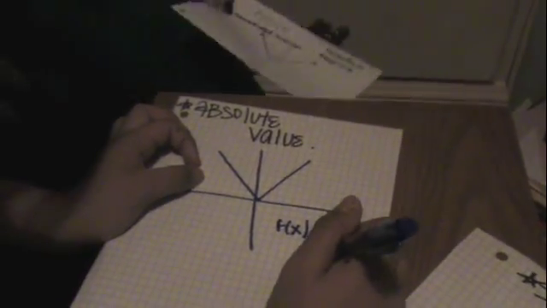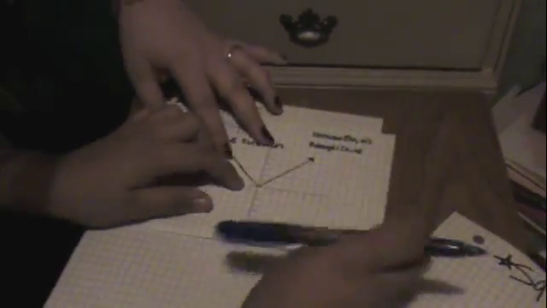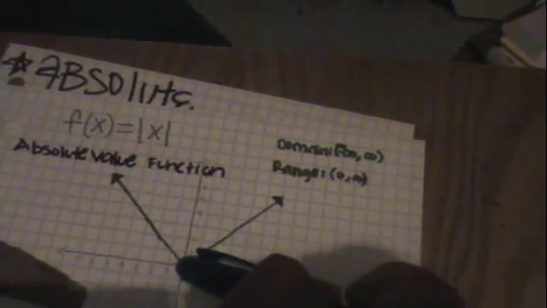This means that it is never negative. So as you can see, it never goes to the negative range. And the domain for it is gonna be from negative infinity to positive infinity. And the range from 0 to positive infinity.